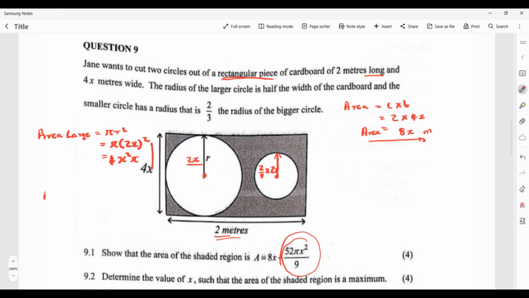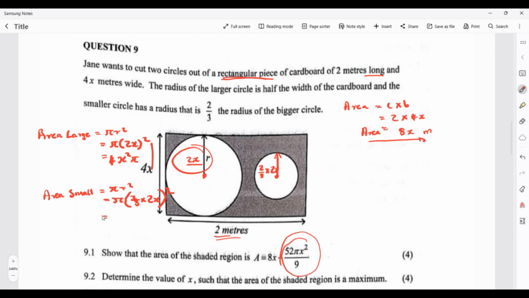But what about the area of the small? Area small. I'm going to do the same thing. Pi r squared, which is the radius. Now, pi, we are fine. What about the radius? They said that the radius of the smaller circle is actually 2/3 of the larger circle, which is just 2x, and then squared over there.